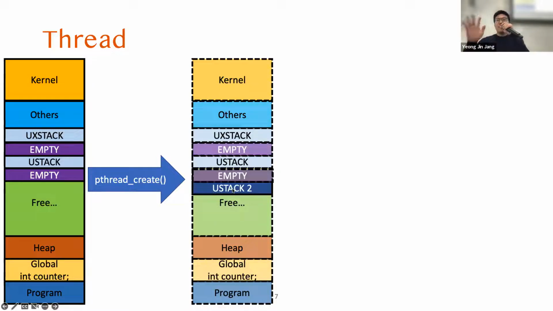It is not depicted well here, because the parent thread and child thread share the CR3 value, so they completely share the entire virtual memory space. I depicted it as the child thread having a user stack 2 here, but that is also visible from the parent thread too, because they are actually sharing the entire memory space.